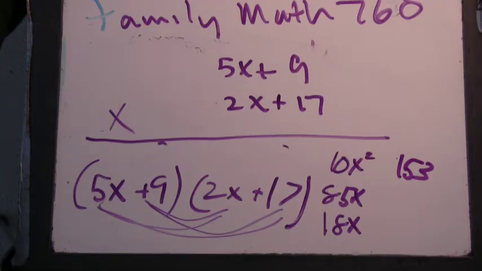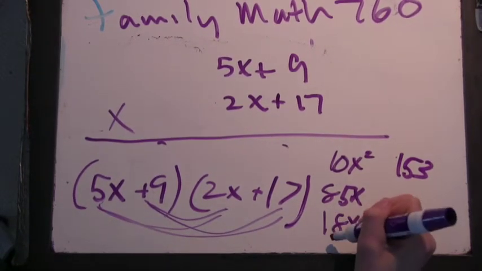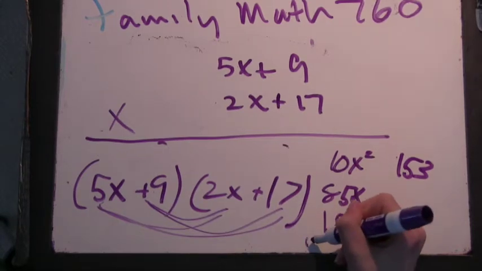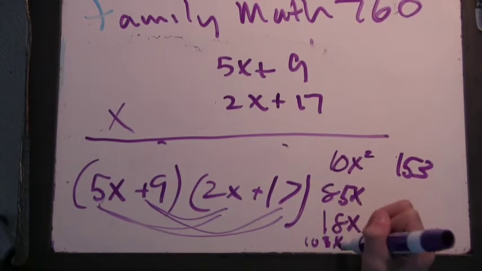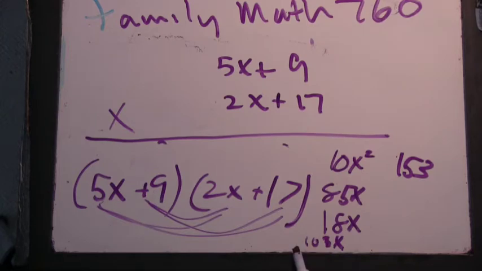Okay. So you have 10x squared, and this is 103x total. So you have 10x squared plus 103x plus 153.